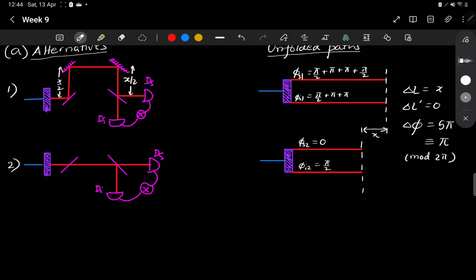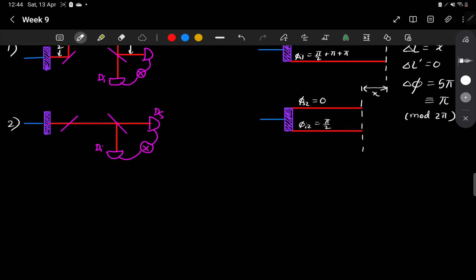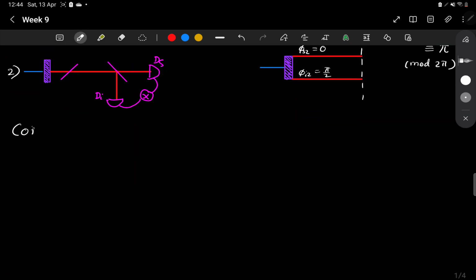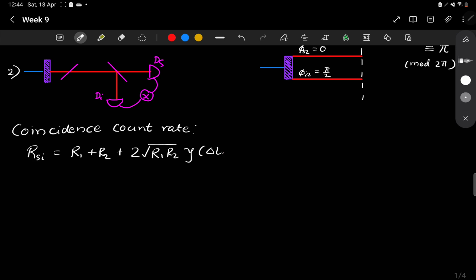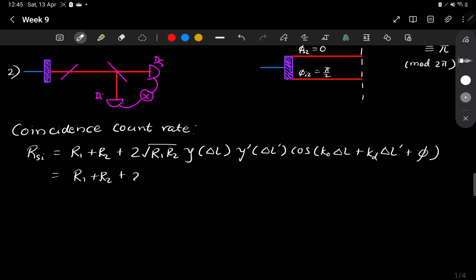Now with these alternatives, let us write down the coincidence count. So this is the coincidence count rate.